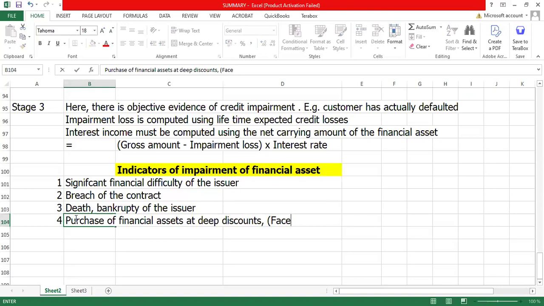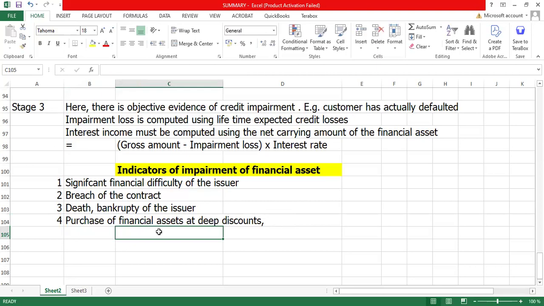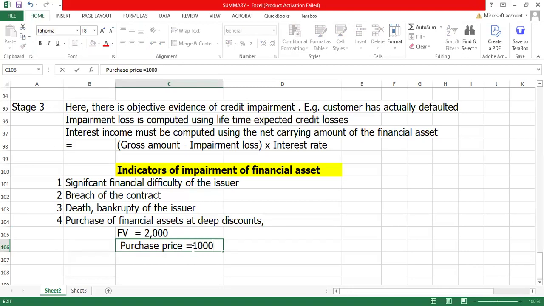For example, the face value of the bond was 2,000, and now the purchase price, or the selling price, depending on who is buying and who is selling, I assume here is 1,000.